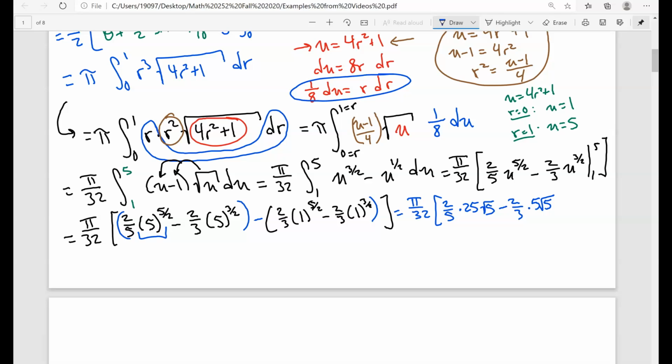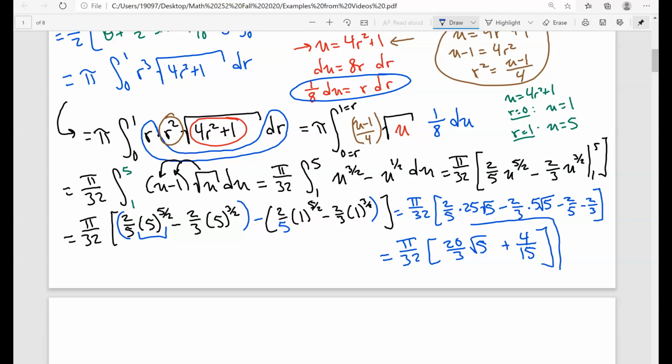And then I have this leftover minus 2/3. Oh no, wait a minute, this should be a 2/5. So you've got minus 2/5 minus 2/3. I can simplify this a little bit more if you want to. I can get 20 over 3 square root of 5 plus 4 over 15.